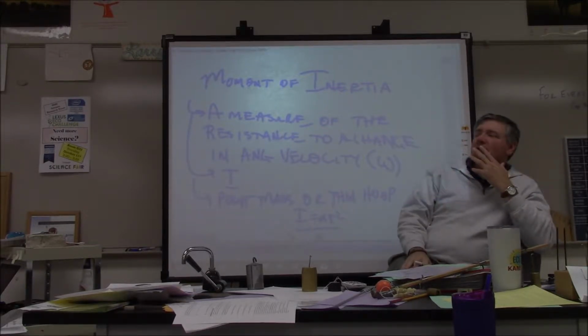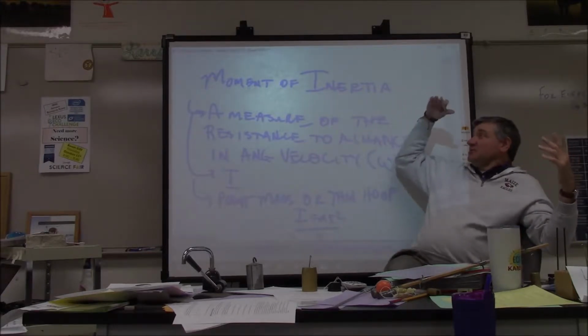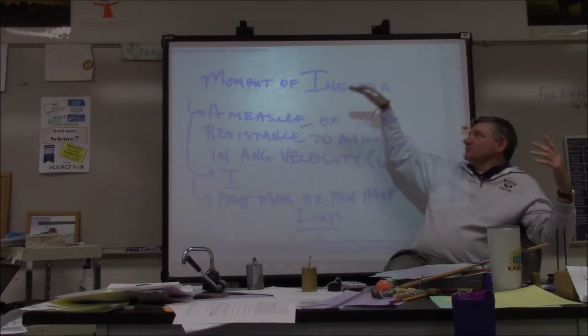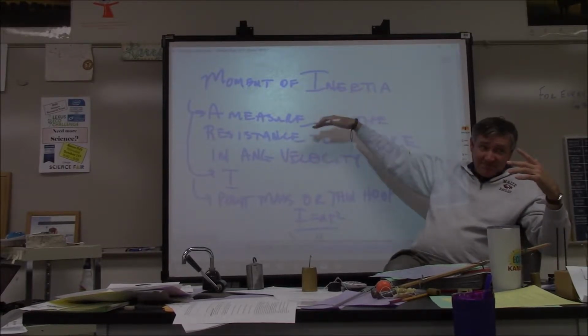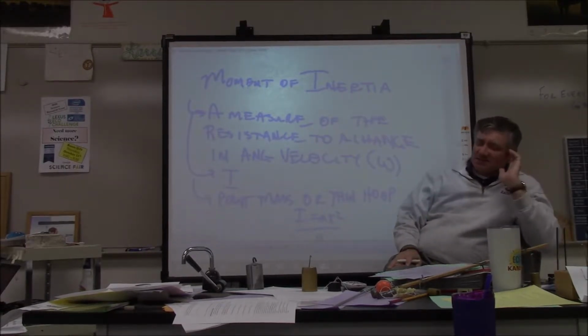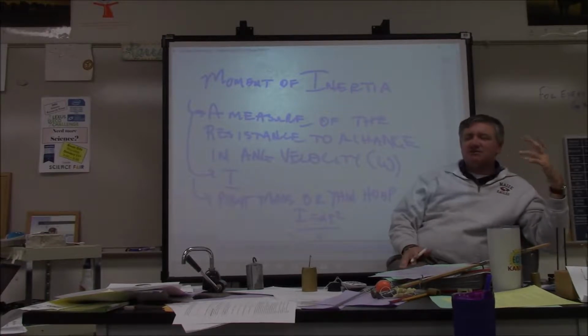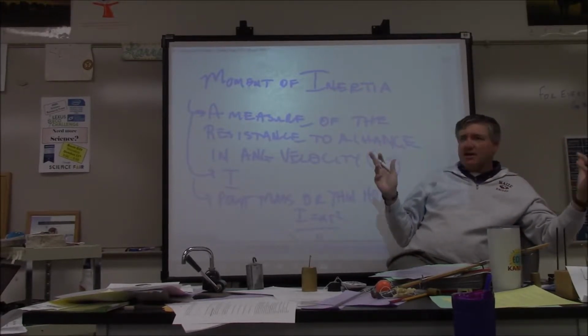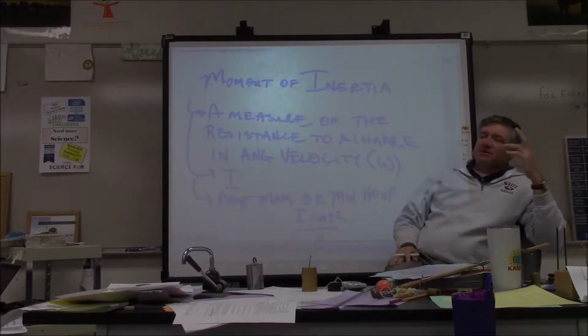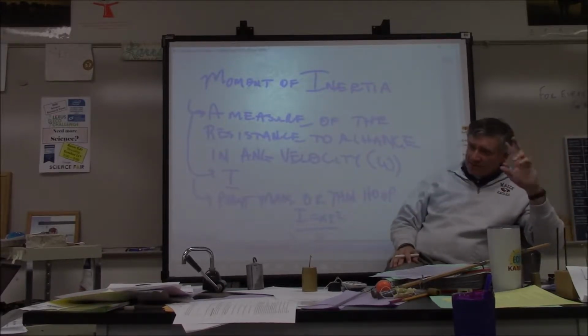Okay. So today's lesson is brought to you by the letter I, which stands for moment of inertia. Now, basically, the moment of inertia is a measure of how reluctant an object is to change its angular velocity. Remember, with angular velocities, you're talking about a rate of spin.